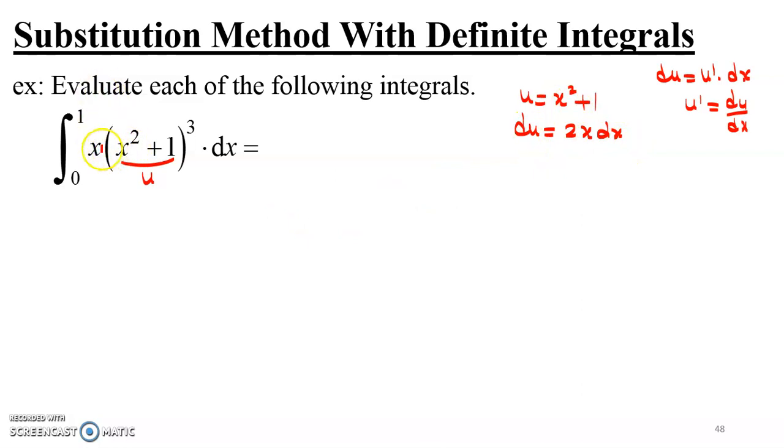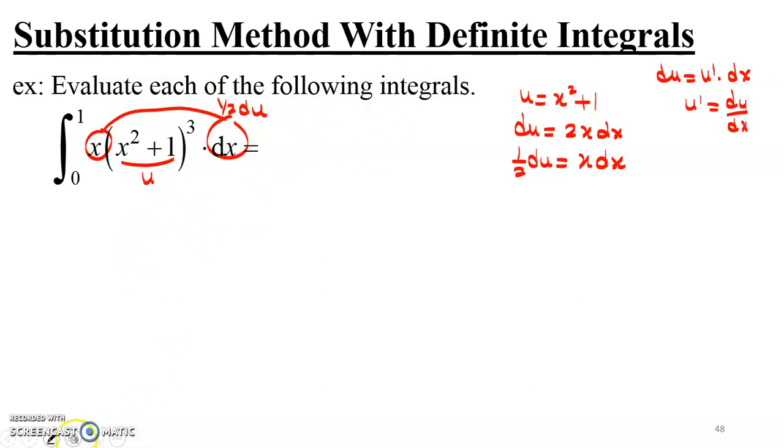However, you'd notice that in the integral we have x multiplying dx, so we divide both sides by 2 in order to have x times dx in terms of du. Now remember, this only works when they differ by constants. So over here, x times dx in the integral is replaced by half du.